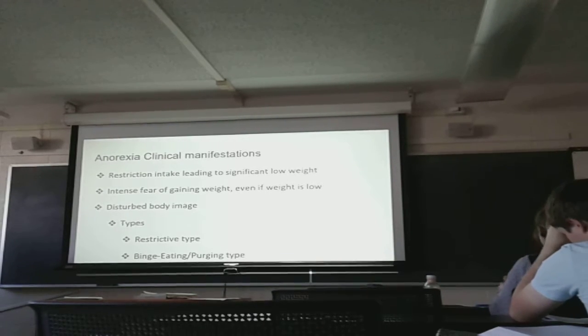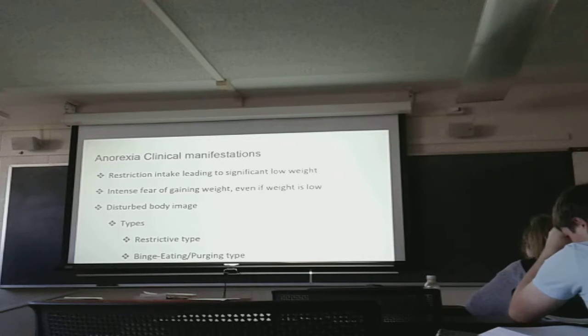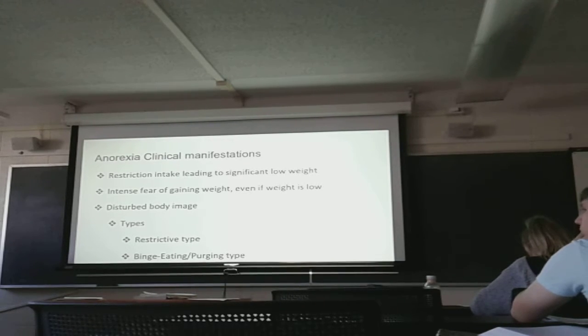So anorexia. Anorexia refers to a prolonged loss of appetite. Usually there's a restriction on the intake. It's usually significantly low, some as low as 200 calories per day. There is also an intense fear of gaining weight, even though their weight is low, they don't perceive it that way.